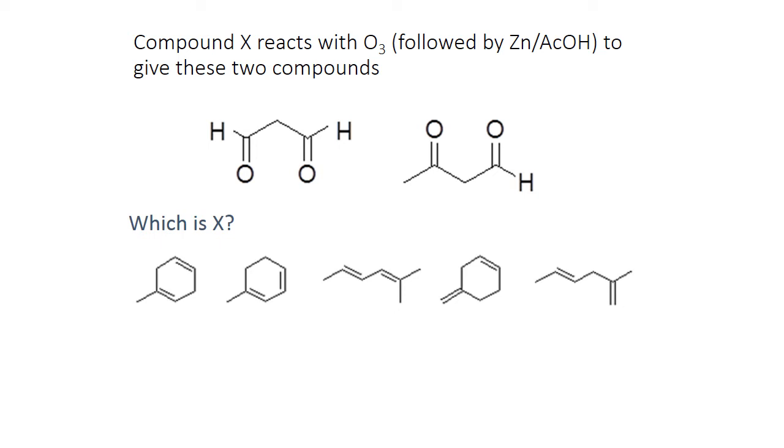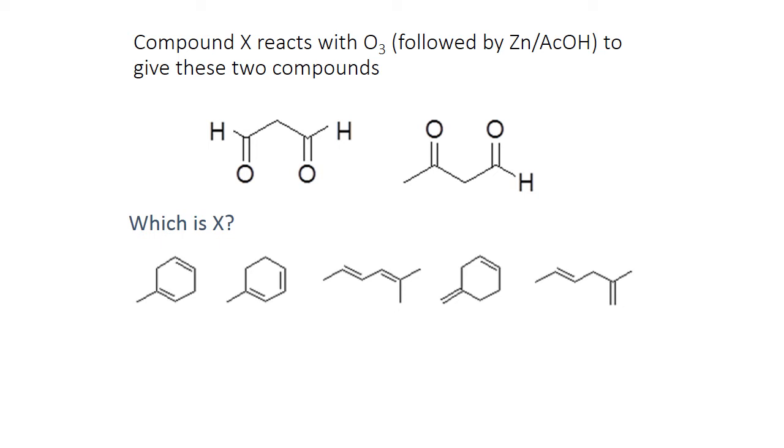Okay, to figure out how to piece these two together to figure out what compound X is, there's two compounds, so it can't be a symmetrical compound that underwent ozonolysis. So what I'm going to do is try to put these two compounds together in one compound.